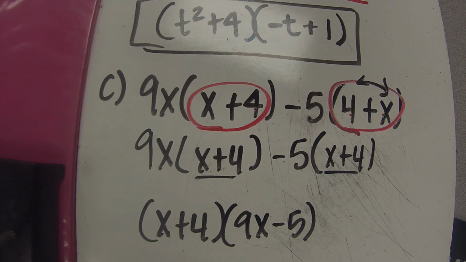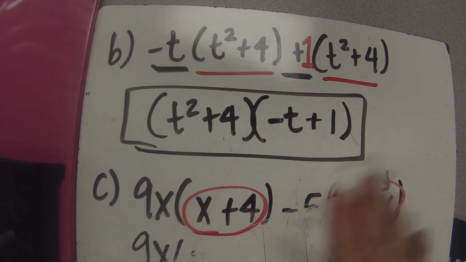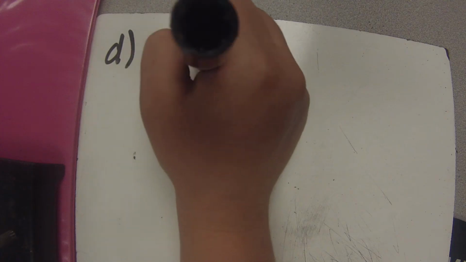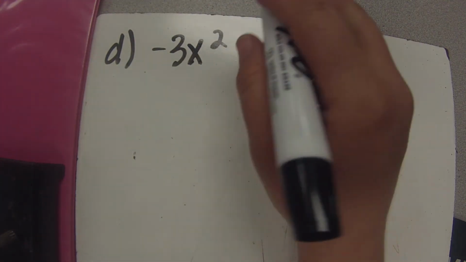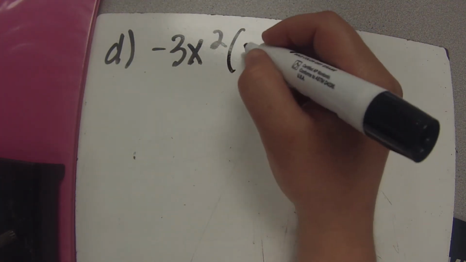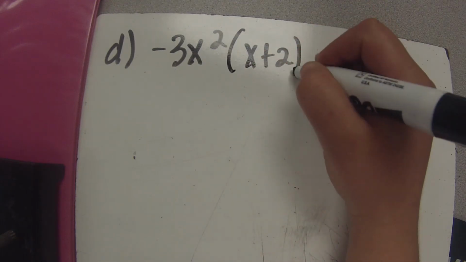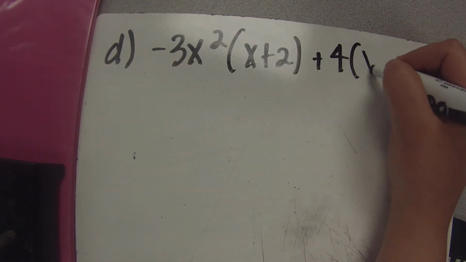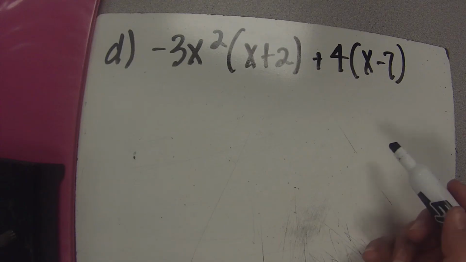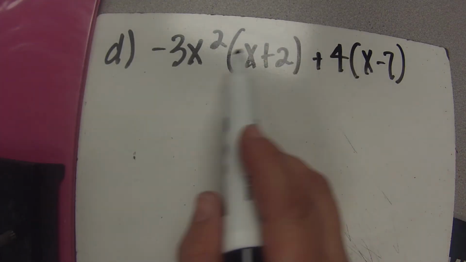Okay. Example D. And like I said, you may have to go back over these videos, and that's fine. Okay, you've got negative 3x squared (x plus 2) plus 4(x minus 7). Is there any common factor? Is there an x squared?